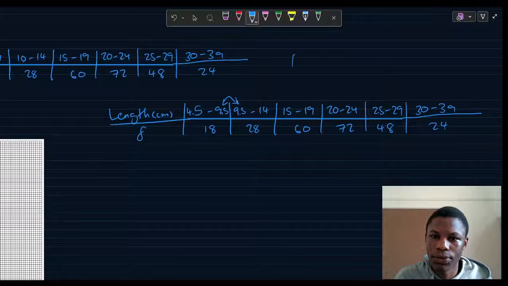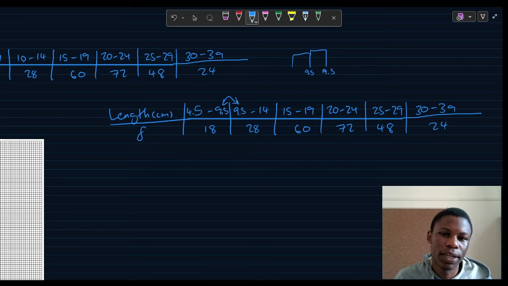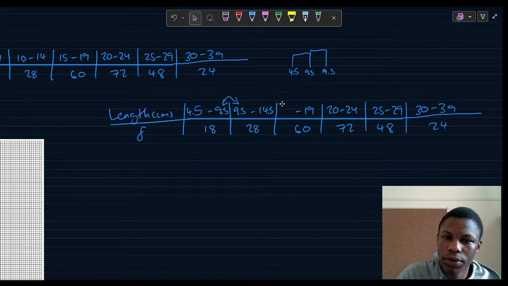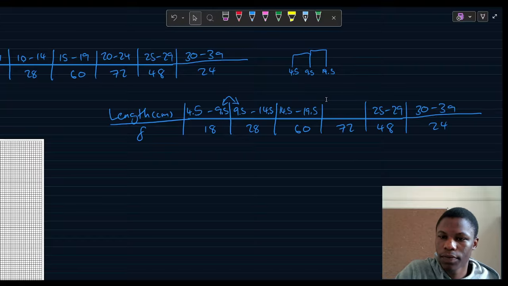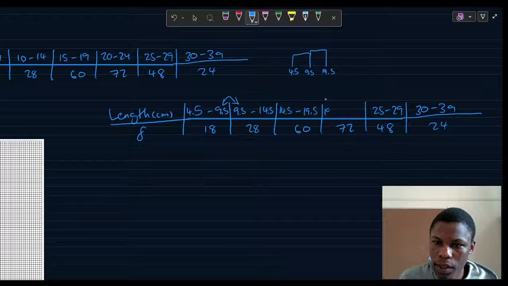It's airtight. So visually, we're now looking at something like this. We've got 9.5 there. And then the next one would be 14.5 there. And here we've got 4.5. And so here I add 0.5, subtract 0.5, add 0.5, subtract 0.5, and then add 0.5.